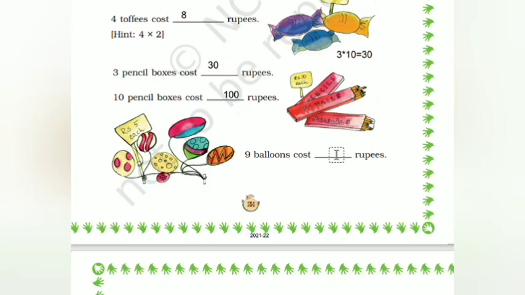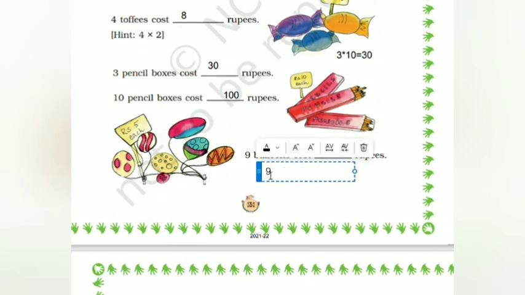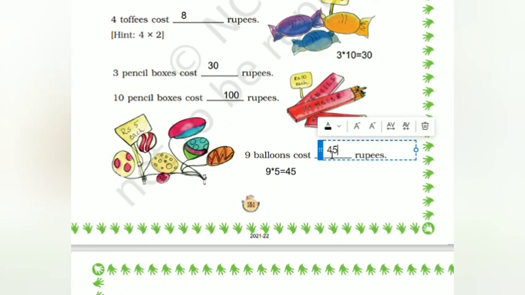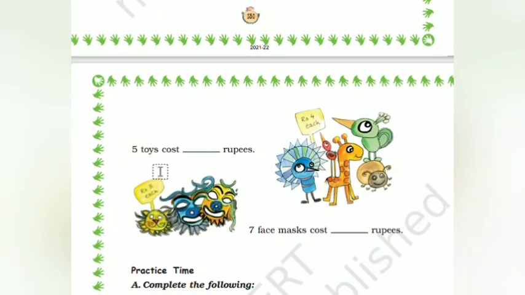9 balloons. Each balloon is having 5 rupees. Okay, so 9 balloons means 9 into 5, that is equal to 45. This 45 we have to write here. 5 toys cost. Each toy is having 4 rupees.